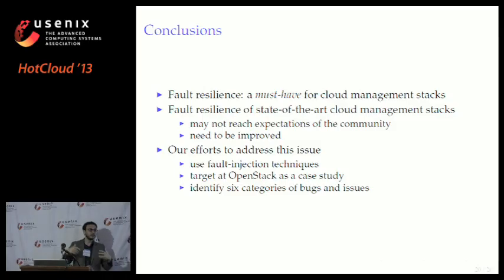Even if we academics would like to say that, the community won't accept it. So can we transition from the current state of things and slowly migrate into a fault-resilient architecture, even though we believe there are some fundamental flaws like single points of failure here? I think that's one area where we'd like to move into for future work.